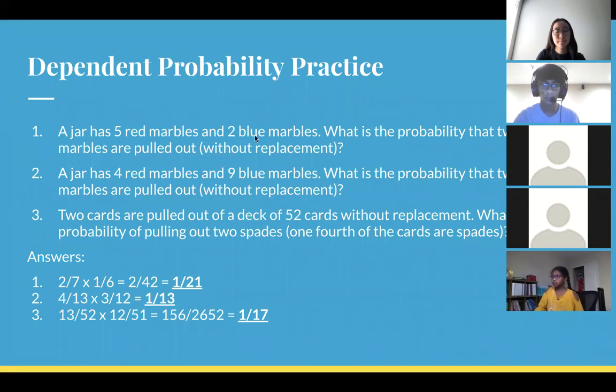So 13 over 52 times 12 over 51 is going to be equal to 156 over 2652. And that's going to be simplified down to 1/17.